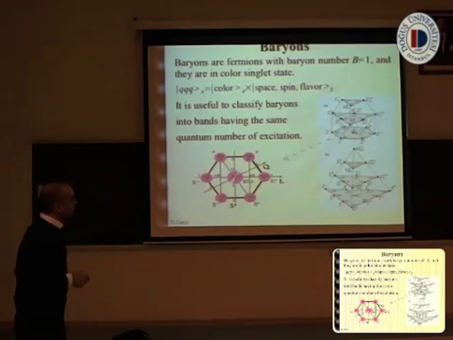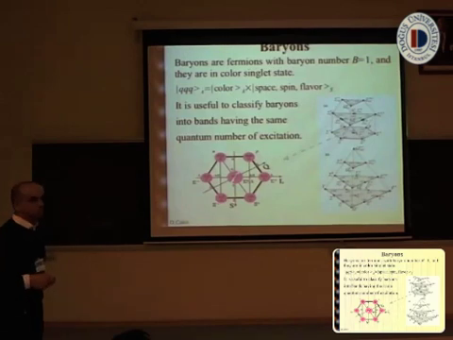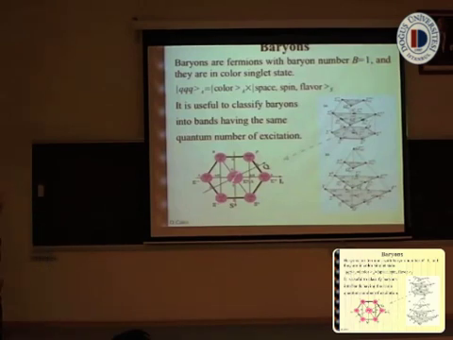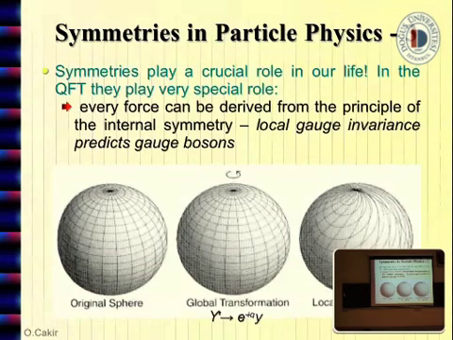According to these, we can group baryons into these figures. Okay. Symmetries in particle physics are an important ingredient, and now we will go to the gauge symmetry or phase transformation.